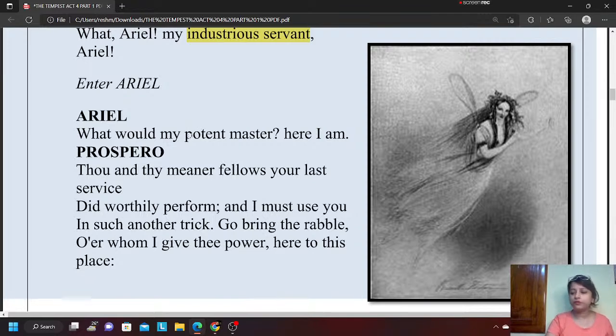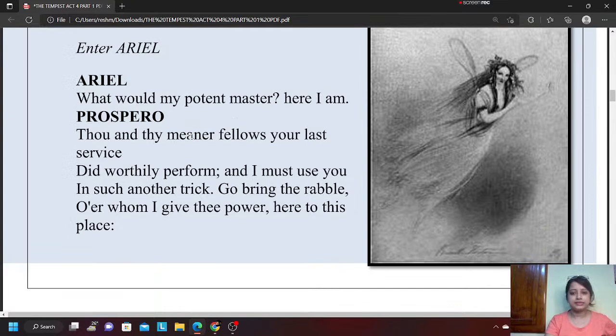Here I am. So this first part is a talk between Ferdinand and Prospero mainly. From the last part, two things are important: Prospero gives Miranda's hand to him, and he is also very particular that Ferdinand does not indulge in any physical relation with Miranda before the wedding is solemnized. Next, now Ariel comes.